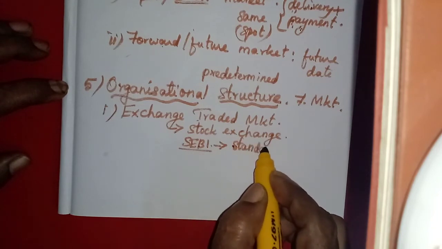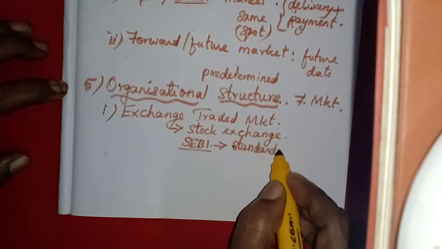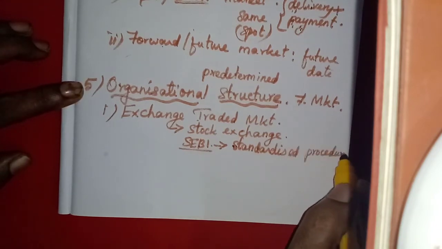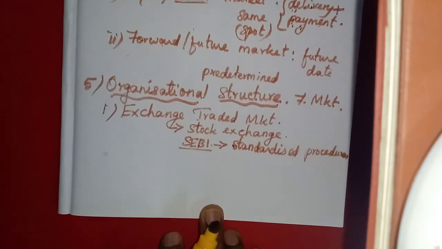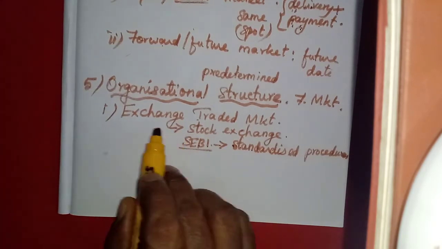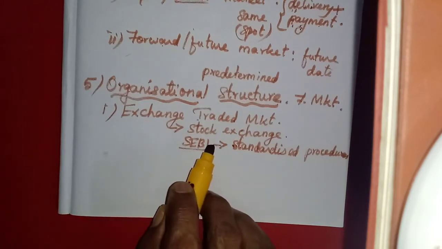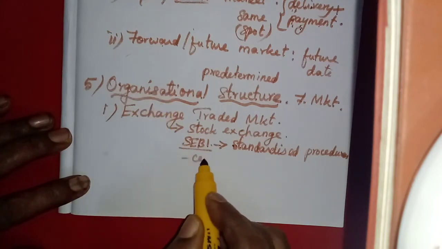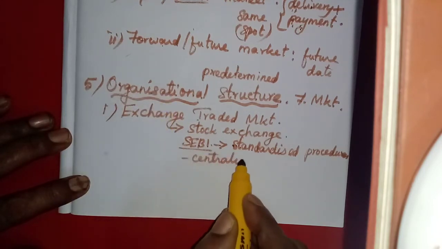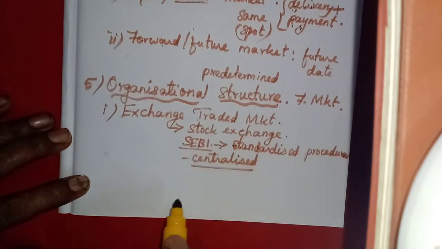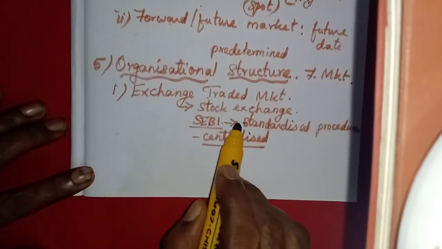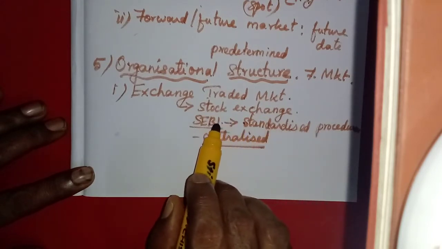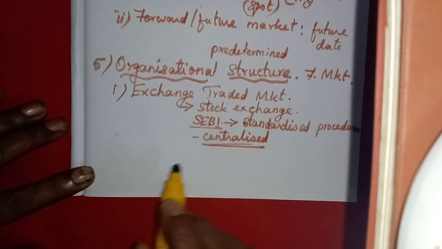Their rules and regulations are written clearly, with a systematic procedure for how to trade securities in this stock exchange. So it is a centralized organization. Everything is organized because they work with standardized procedures, how they have to work.